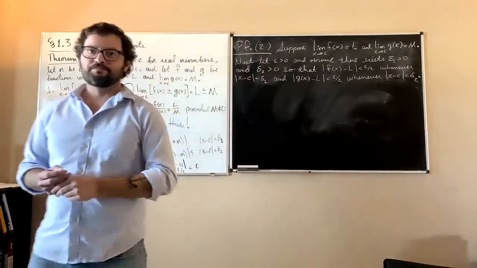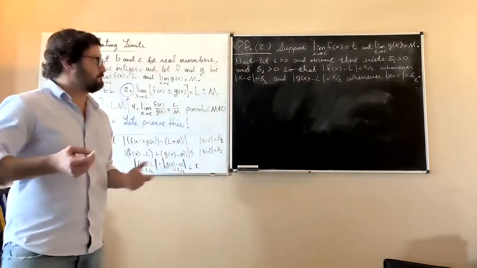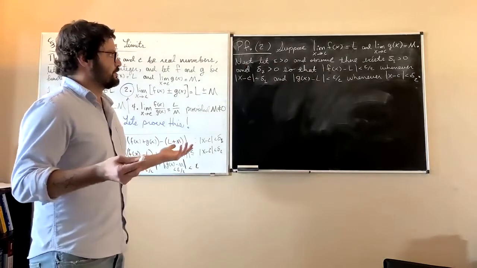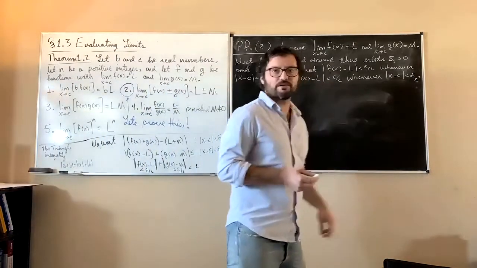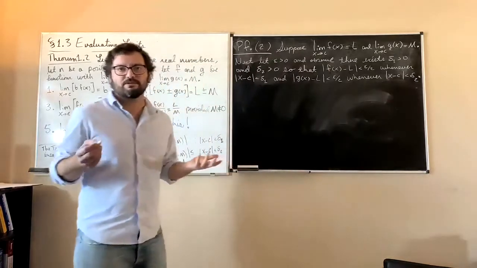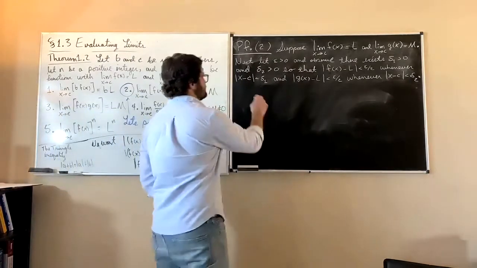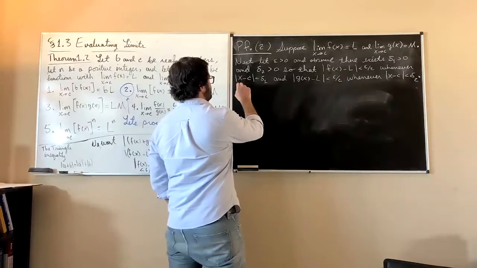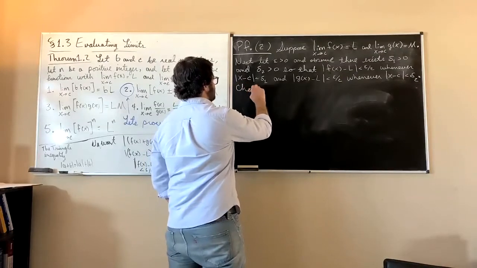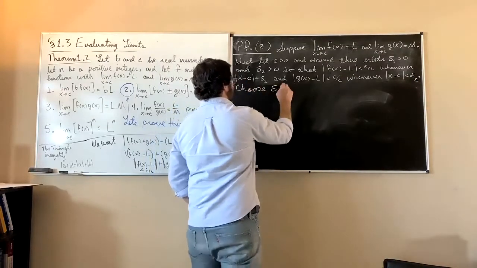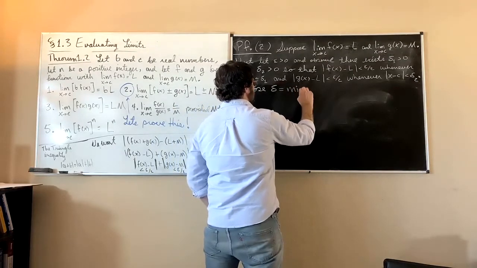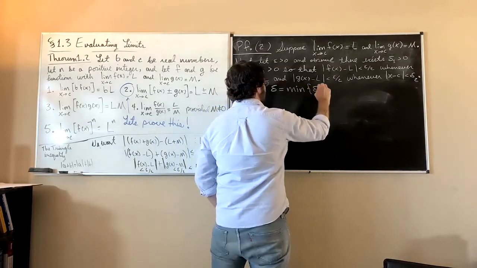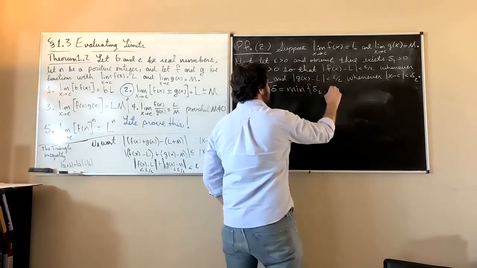Okay? So if we want to satisfy being in both of these intervals around c, we just take delta to be the minimum of those things. So I'm going to say choose delta equal to the minimum of delta 1 and delta 2.